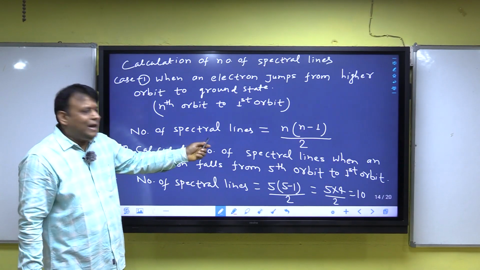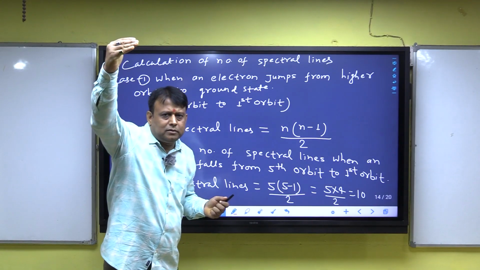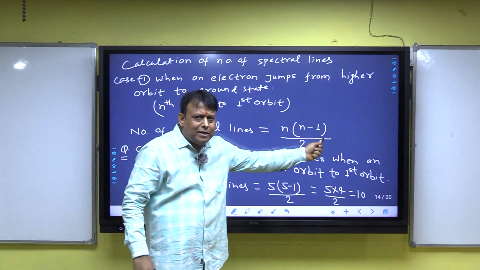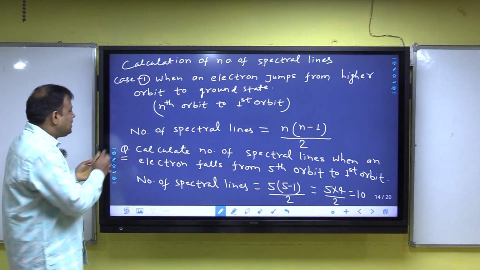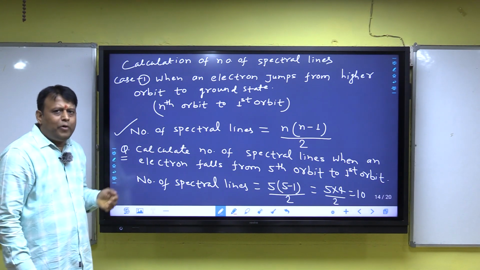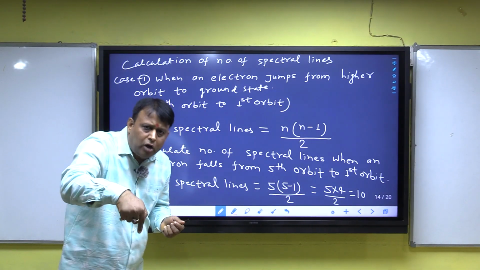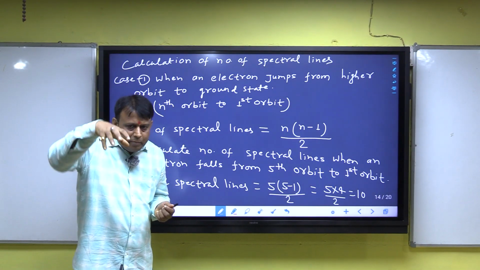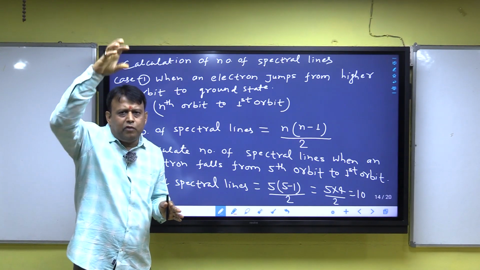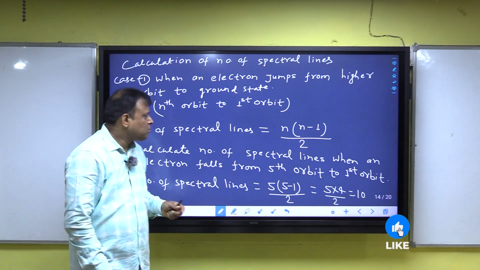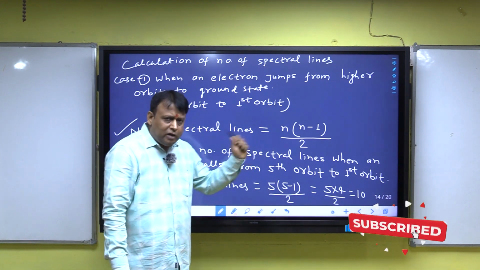Number of spectral lines equals n into n minus 1 divided by 2, where n is the nth orbit. Ground state means the lowest energy state, when the electron falls from a higher orbit to the first orbit.